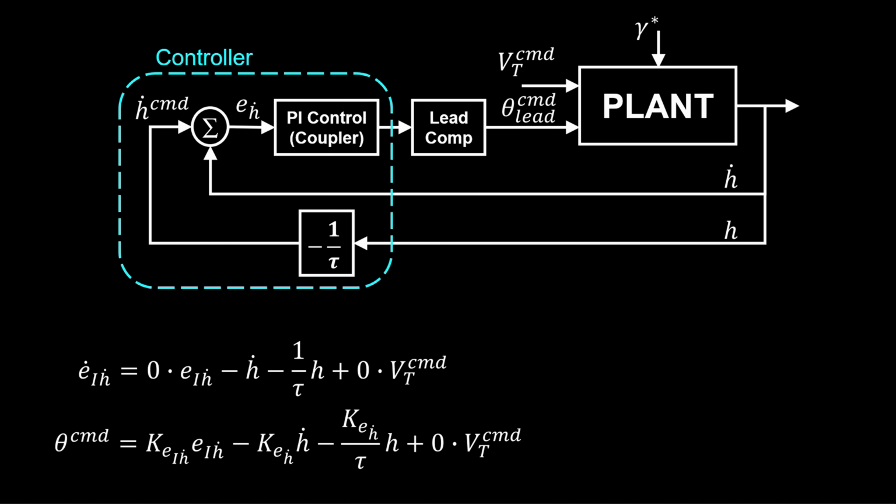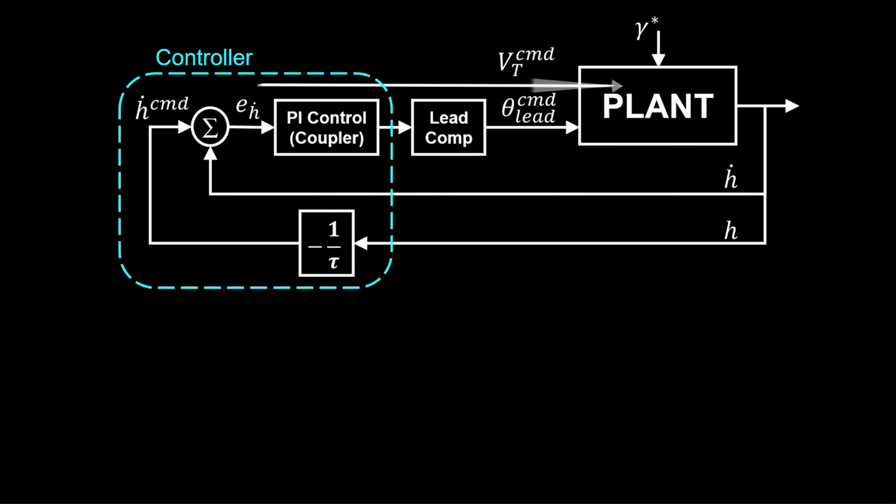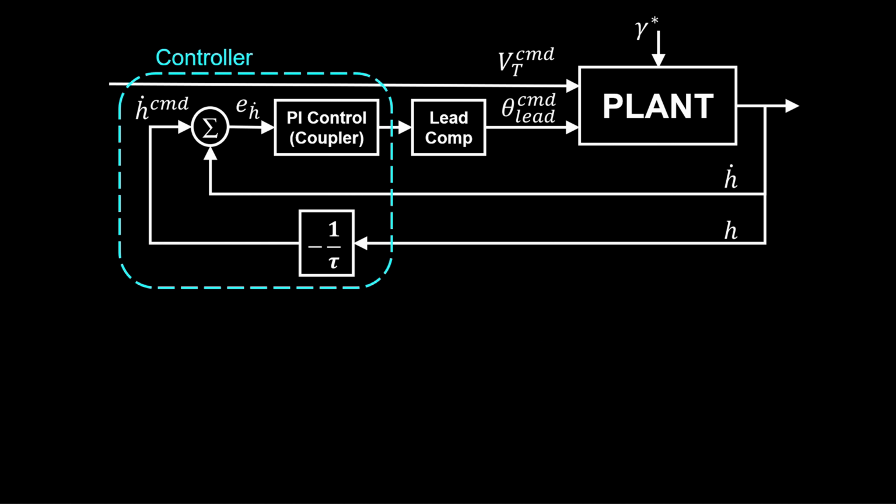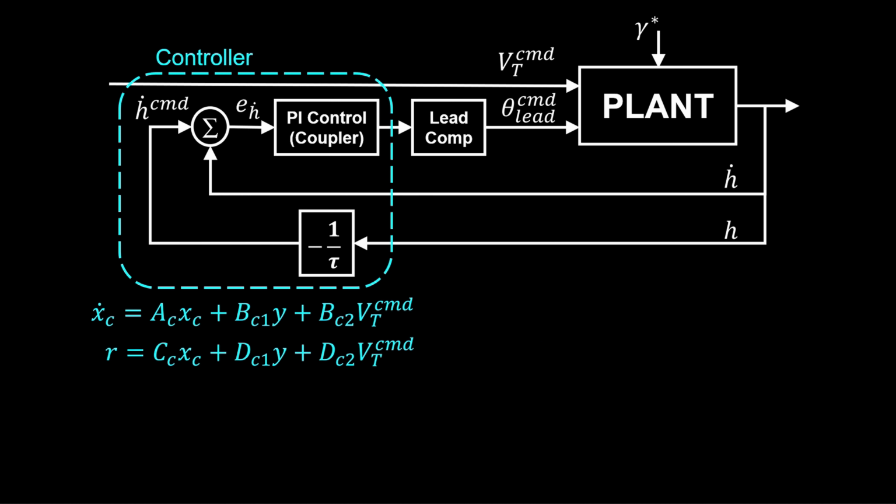Now, this has no effect at present, but it allows us the opportunity to create a new row in the output equation so that VT command can be passed through the dynamic controller into the plant. In matrix form, we simply have another LTI system with both feedback channels, Y, and the airspeed command input channel.